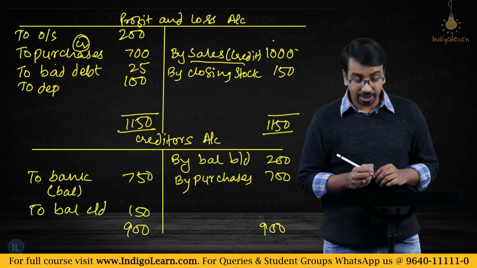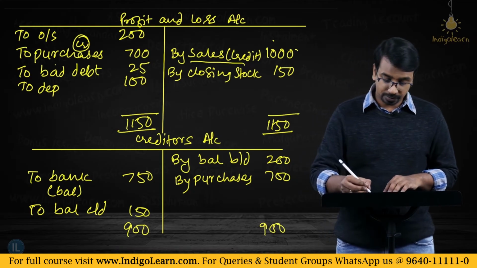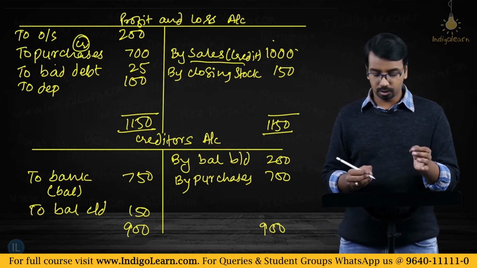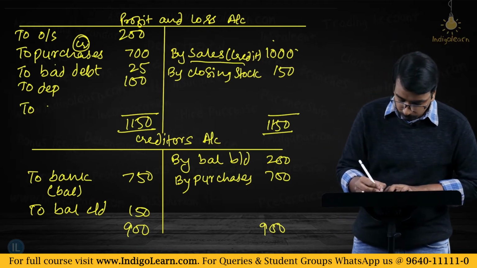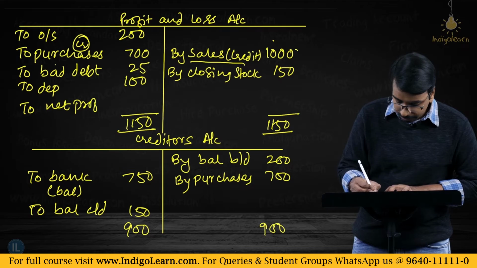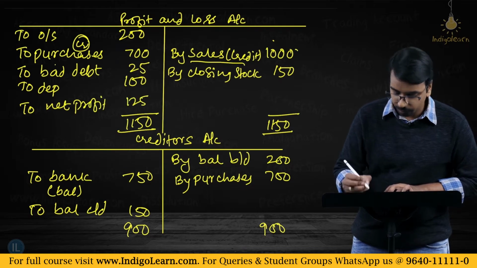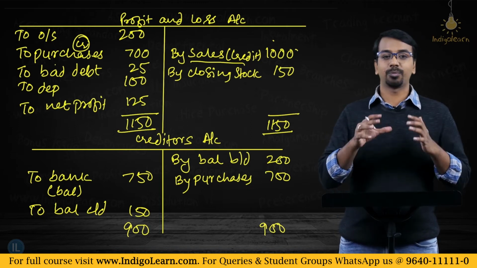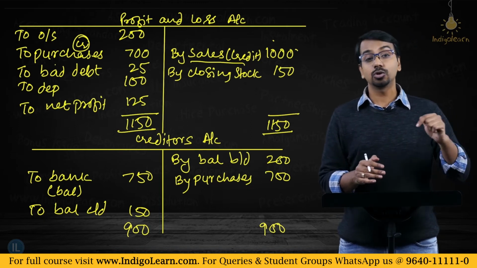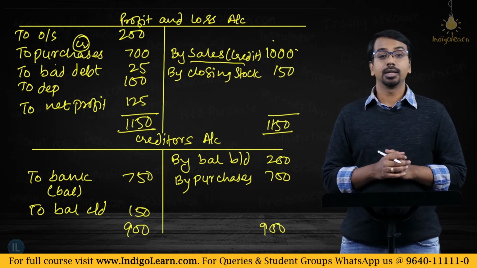Now with depreciation 100 I have written, so I have 1150 minus 900, 250 minus 125, I get a net profit of 125. Now I deducted an item and I reduced my net profit.